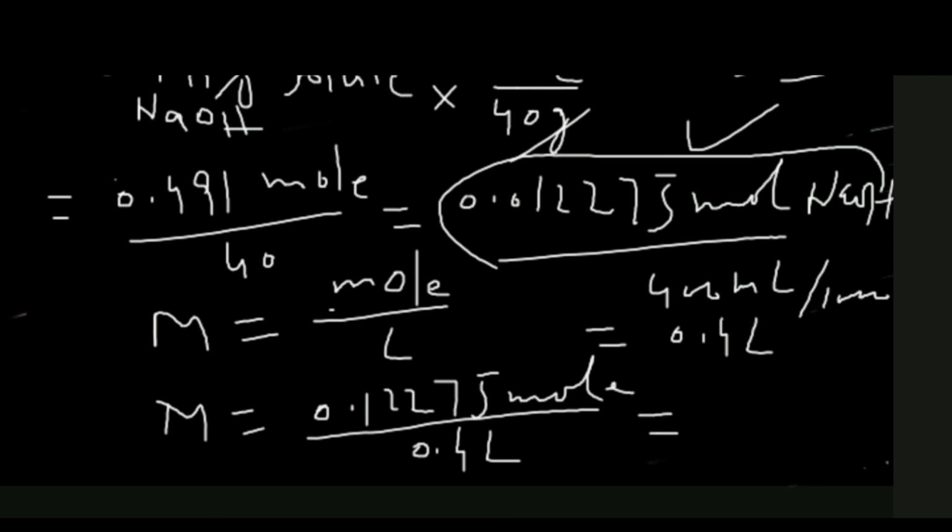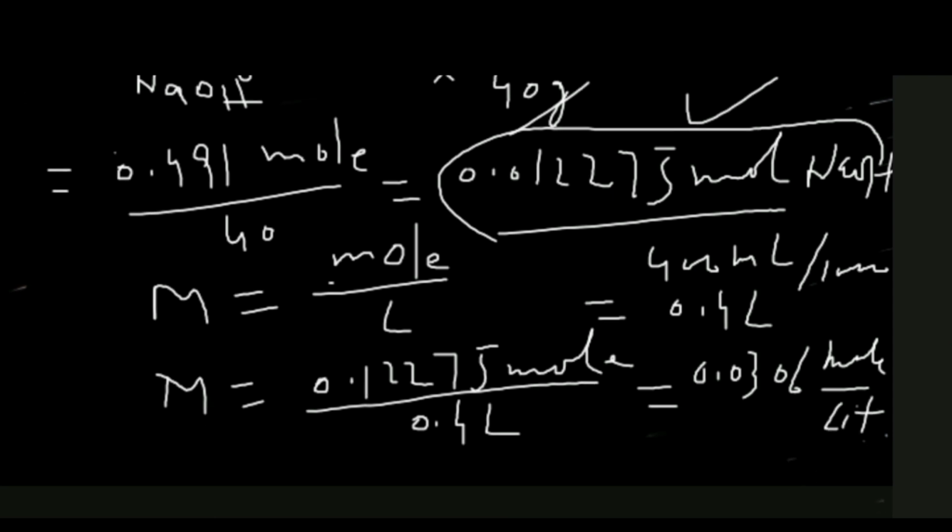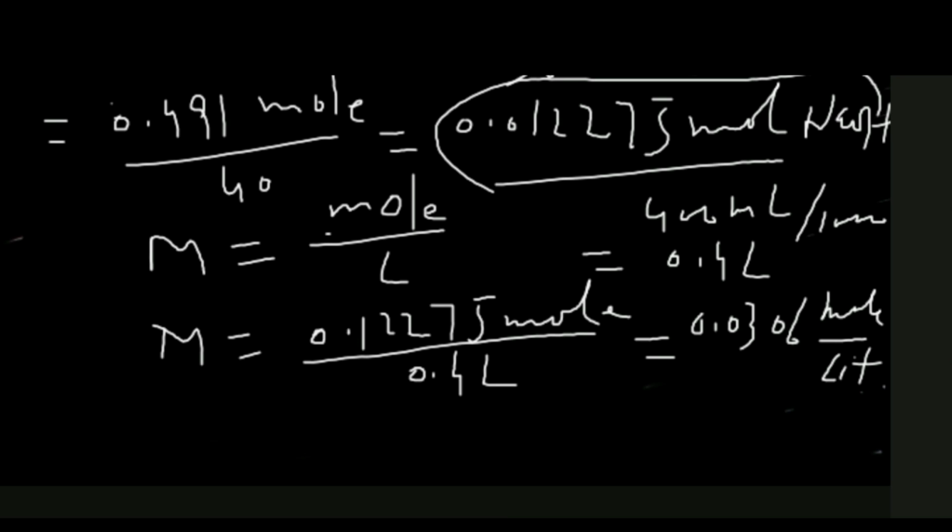If you divide 0.12275 by 0.4 liter, we get 0.0306 mole per liter. This is equal to the molarity, and the molarity will be 0.0306 mole per liter.